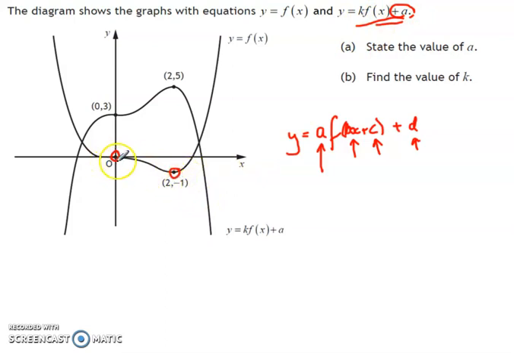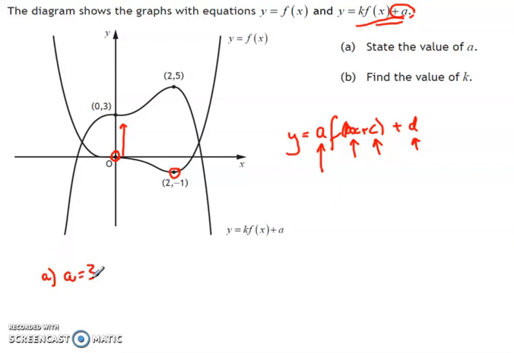However, plus a is only going to have one effect on that point. The k might have an effect of flipping it, but this is going to translate it up the way. So in order to do that, I have to be adding on 3, so the value of a has to be equal to 3.